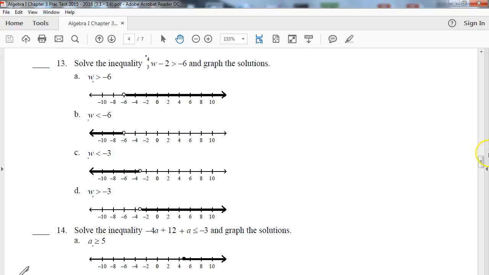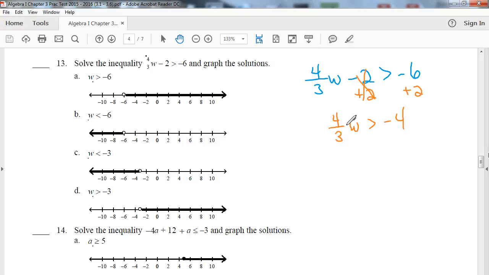Number 13, solve the inequality 4/3 W minus 2 is greater than negative 6. This would be a two-step inequality. We need to add 2 to both sides, and we have 4/3 W is greater than negative 4.